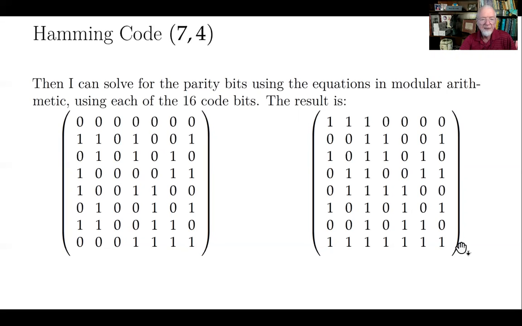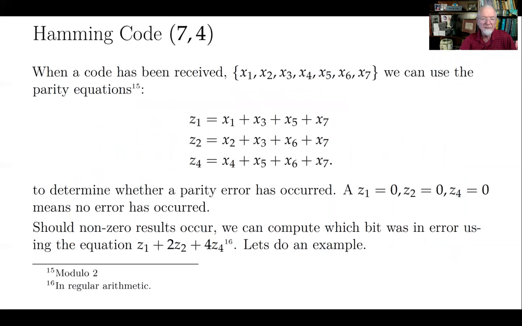Okay. So how do we use this? So we've got a received code. So we sent one of those codes. Then we use the parity equations that we had before.